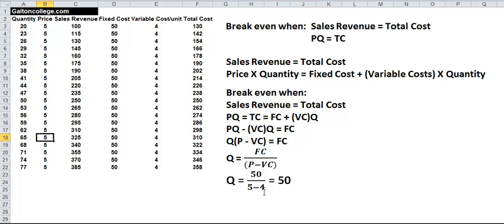So it's 5 minus VC, the variable cost per unit, which is 4. So it's 50 over 5 minus 4, which is just equal to 1. So 50 over 1 is equal to 50. So the quantity is 50, which is what we got from the graphical solution earlier.